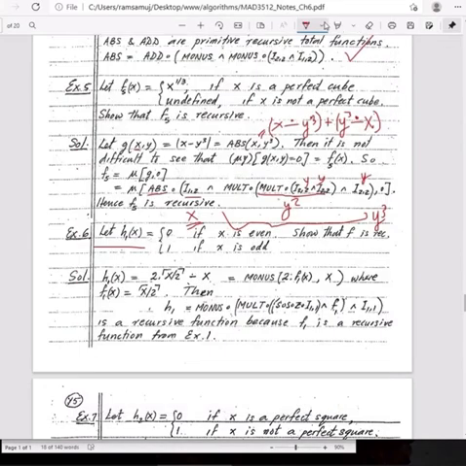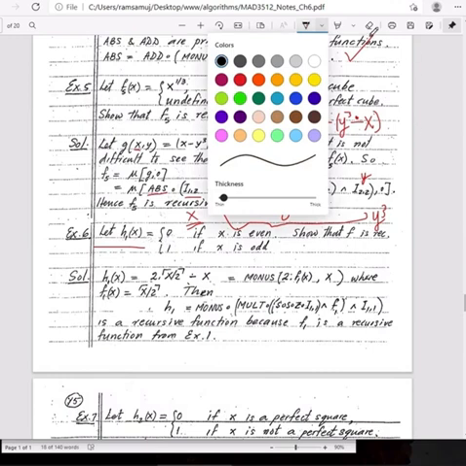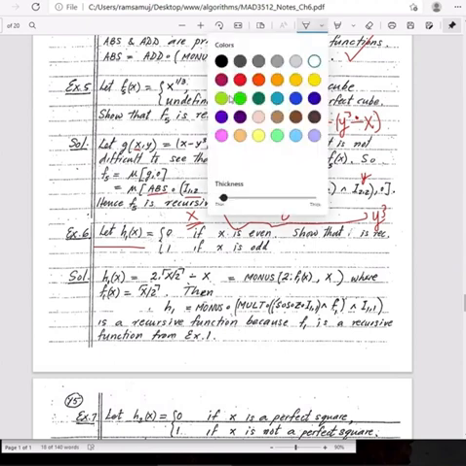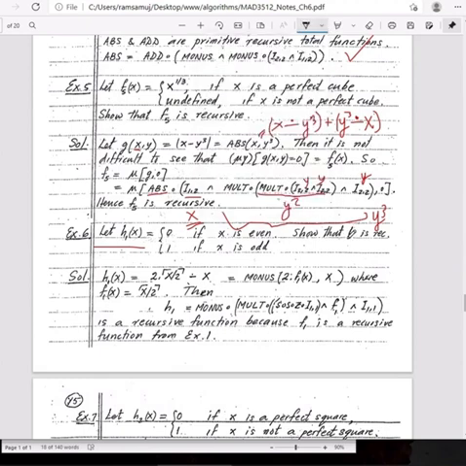The function's name is h1. So show that h1 is mu recursive.